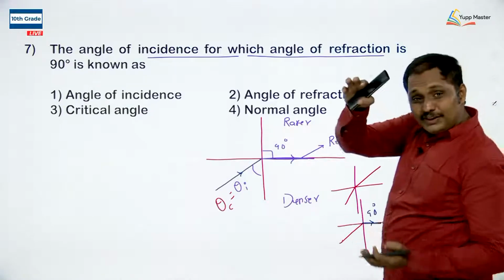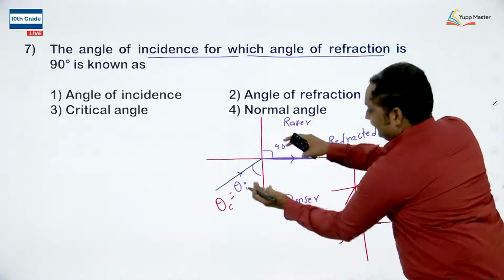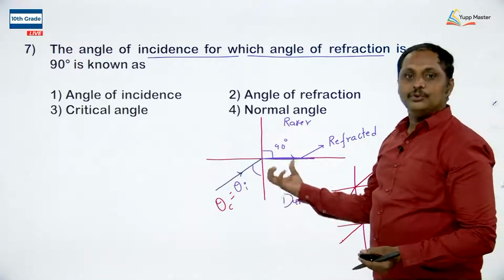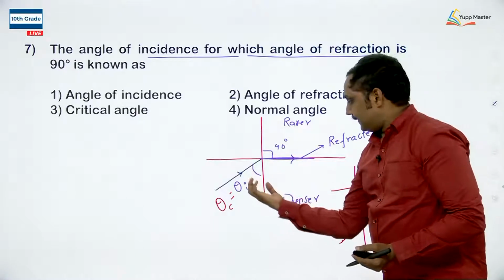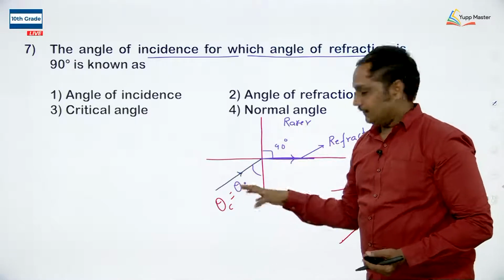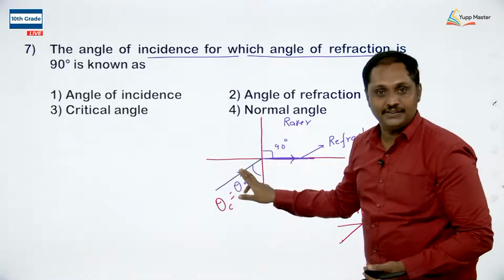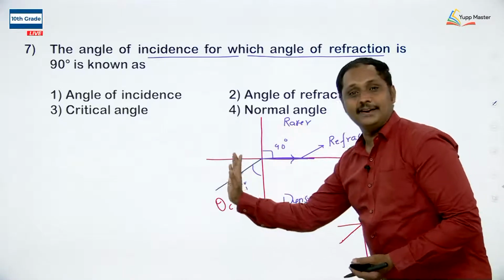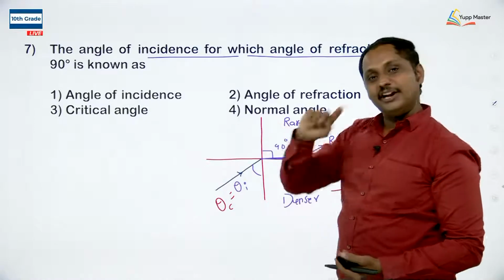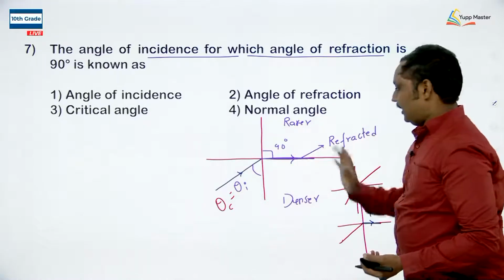Here you are going to increase the angle of incidence. First, let us assume the critical angle is small, say 20, 30, 40. Suppose this is 45 degrees. I am going to increase it gradually. At a particular angle, you will get the angle of refraction as 90 degrees. That is the case we have to confirm.